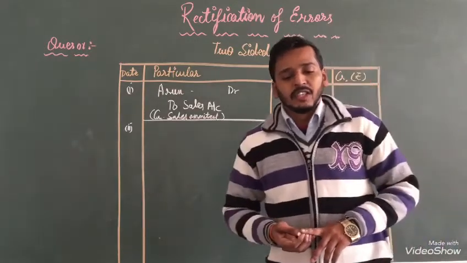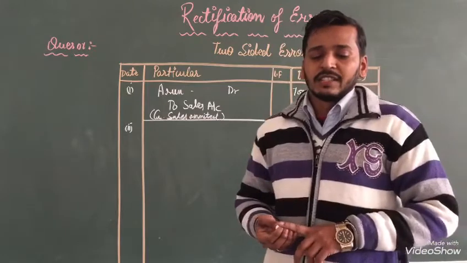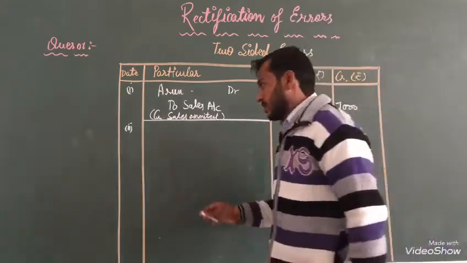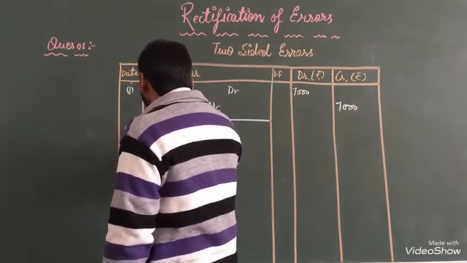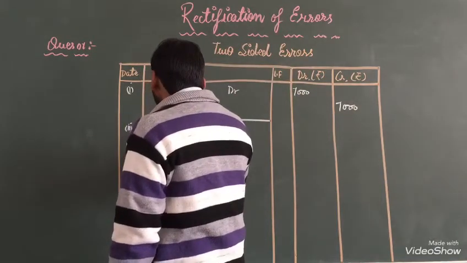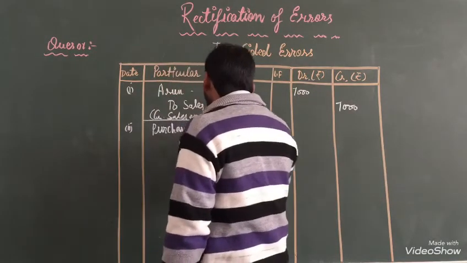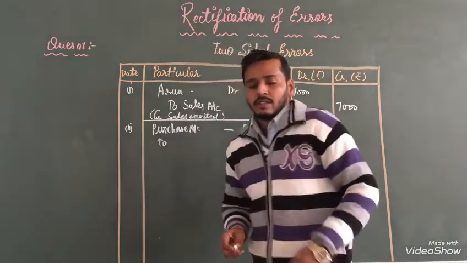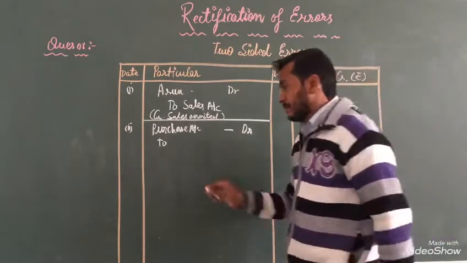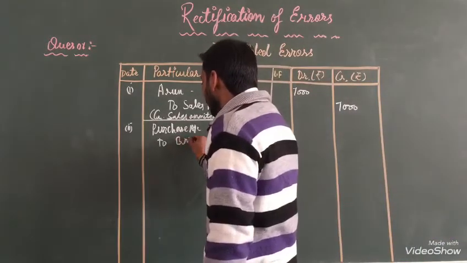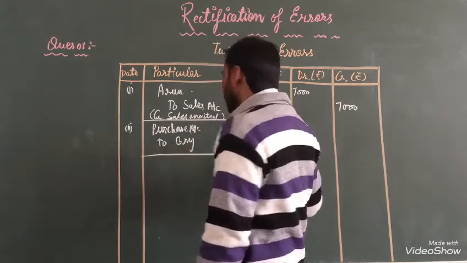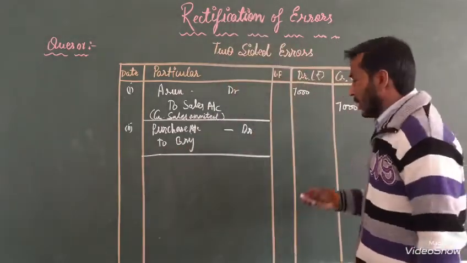Listen to the question once again: credit purchase from Bridge, which means purchase should come here. So purchase account first, debit, to Bridge, and the amount given in front of you is 9,000.